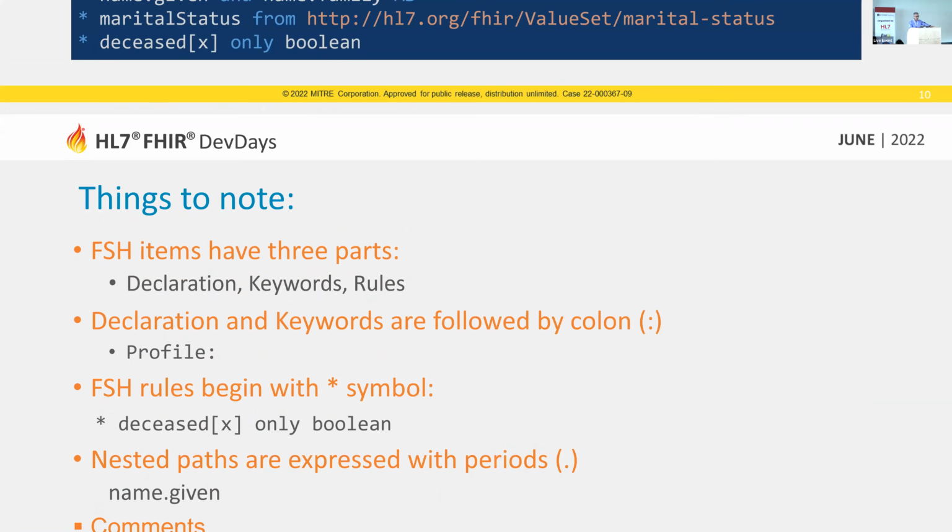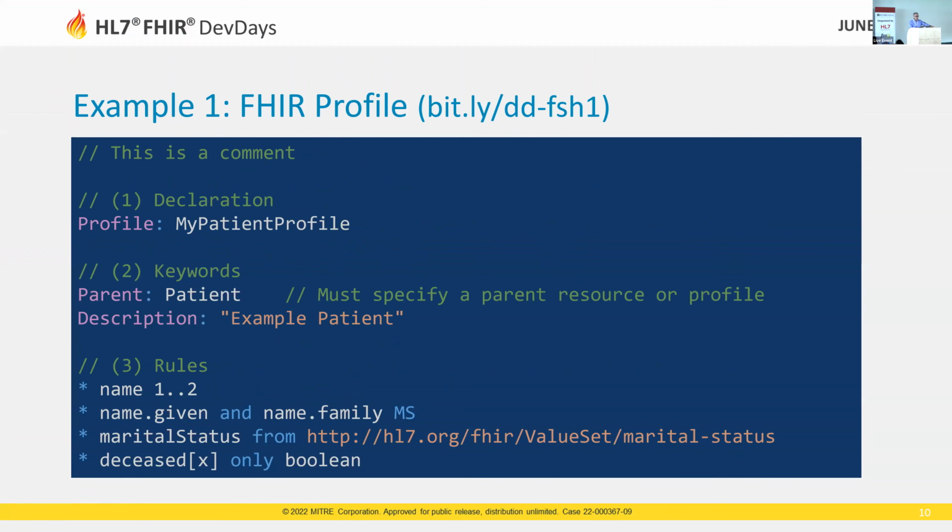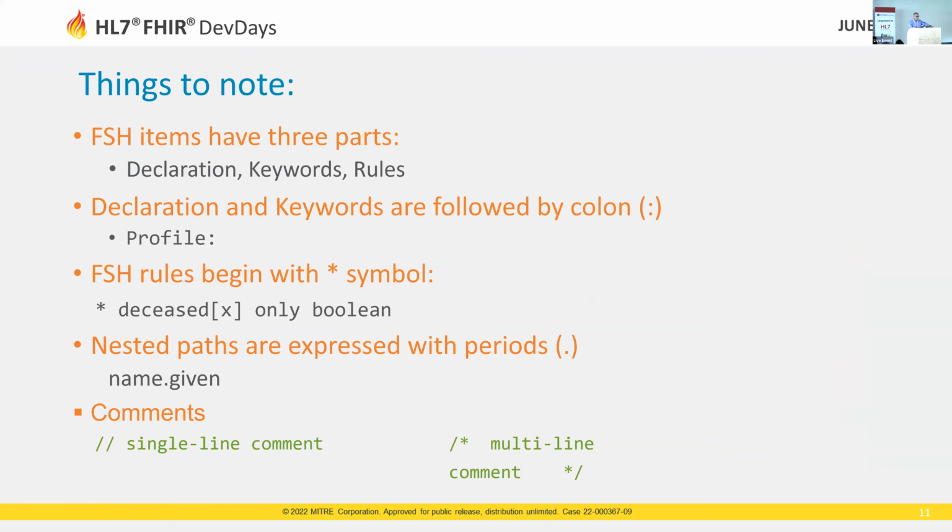Oh, I guess I have some things to note. As you look at this, and if you go to that earlier link, you'll be able to relate this to what's on the screen. But notice that Fish items have 3 parts: the declaration, the keywords, and the rules. And the declaration and keywords are just followed by a colon. All the rules begin with an asterisk.